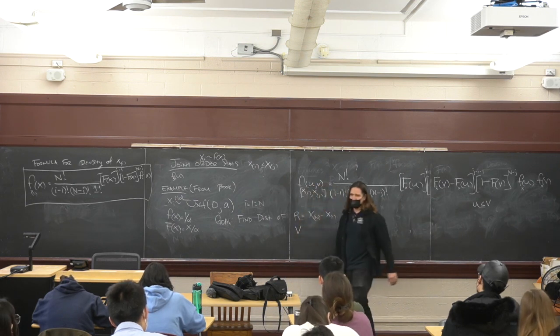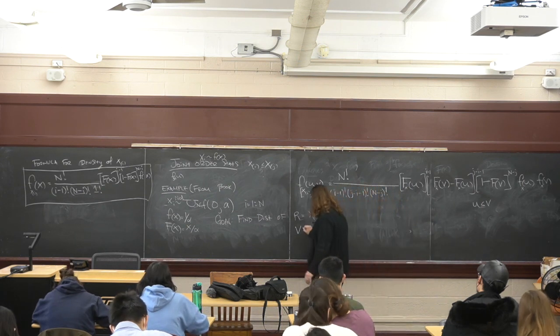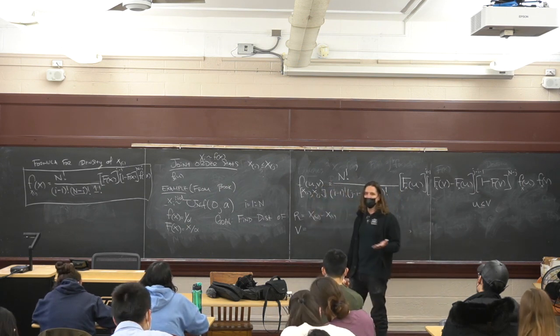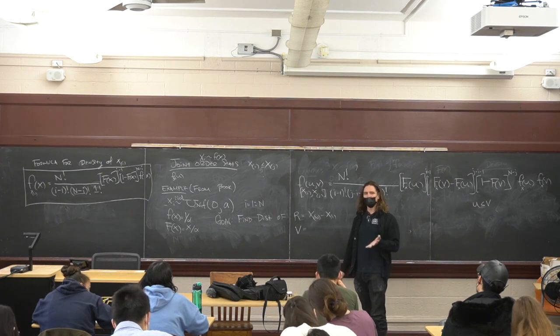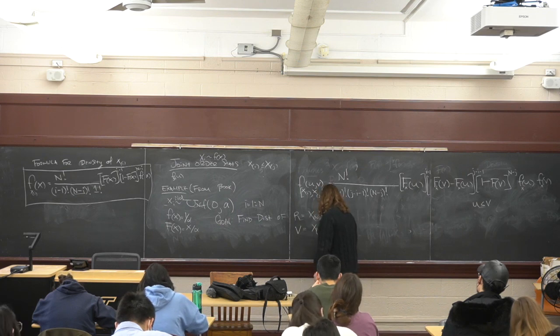And I'm just going to call it V because the book calls it V. It's rather annoying to me. I can never remember what V means. But if it were called M, I'd probably remember. We'll just leave it as is. This is xn plus x1 divided by 2.